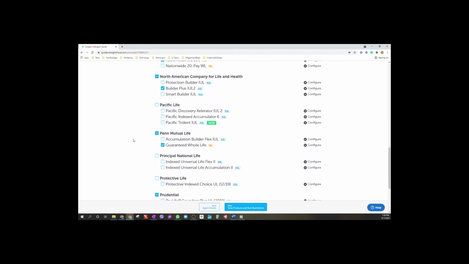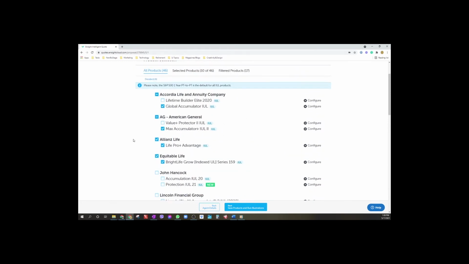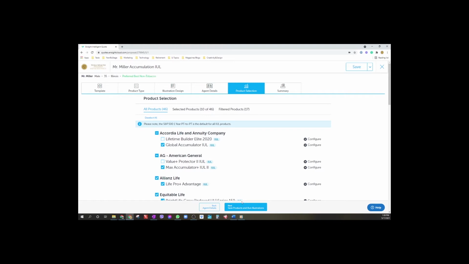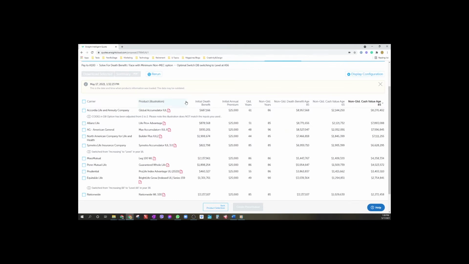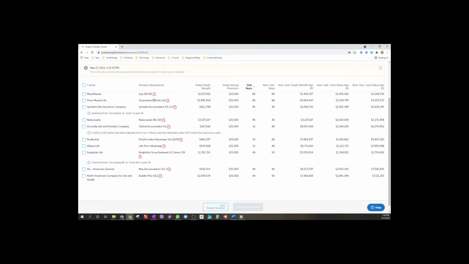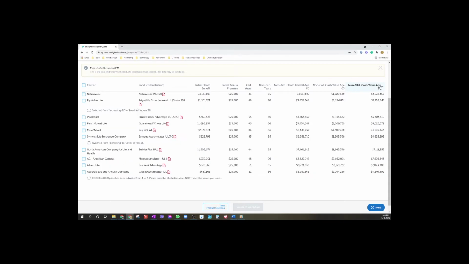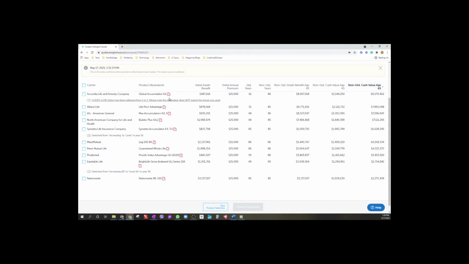Now we sort through these and select the top 10 products. While our software is processing, we can choose the criteria based on which we'll compare these products. You may notice the Whole Life products offer much stronger guaranteed cash accumulation and death benefit protection, but they're behind Index Universal Life products in non-guaranteed or current market values, meaning Whole Life products are designed for investors who are more risk-averse.